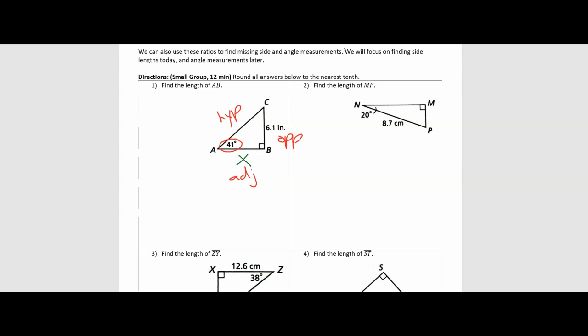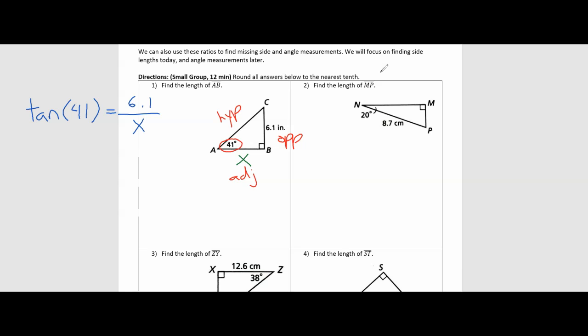If I'm going to use the 41-degree angle, which ratio uses the opposite and adjacent sides? Think about which ratio uses the opposite and adjacent sides. Well, the answer there is tangent, right? So tangent is the ratio I'm going to use. So I'm going to have tangent of 41 is equal to opposite over adjacent, so 6.1 over X.